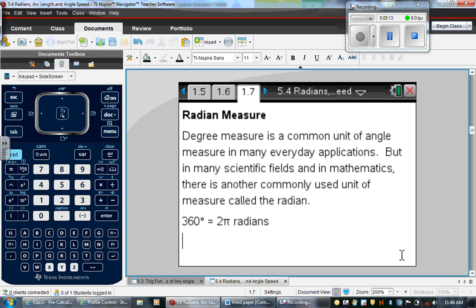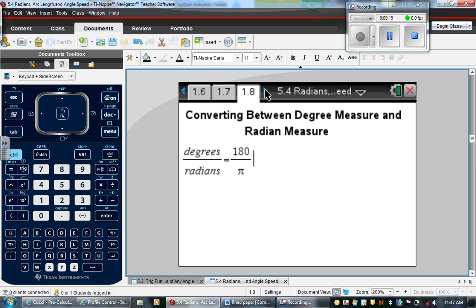We build off of that knowledge to determine the rest of the radian measures that we'll be using. If we want to do a conversion from degrees to radians, we have a really easy proportion that we've used in the past: degrees over radians equals 180 over pi. This can be used to go from degrees to radians or vice versa.